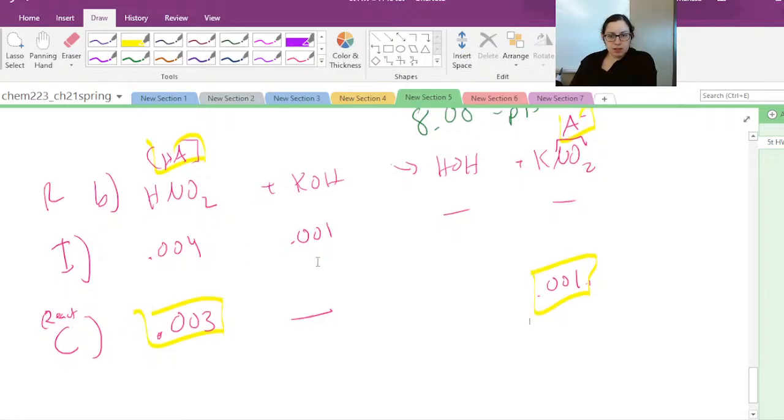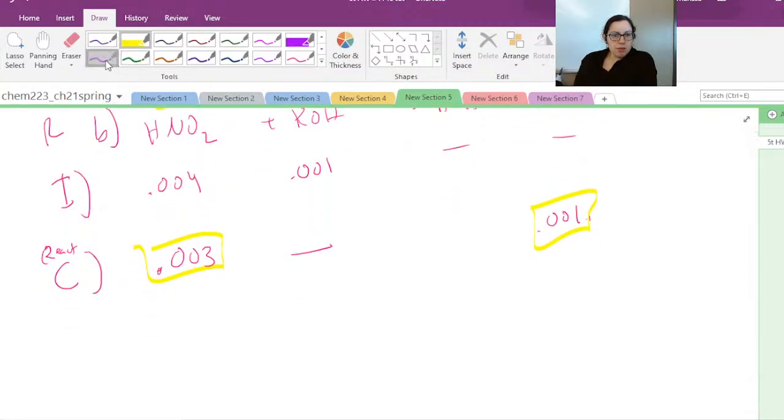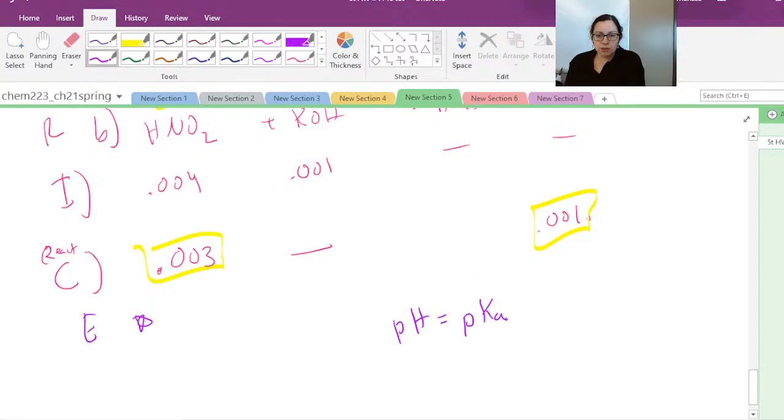And so then, just kind of thinking about where we're going and what we need to consider. And so, I don't want us to forget about the volume, but at the same time, if you're thinking ahead to the Henderson-Hasselbalch equation, so pH equals pKa plus log of base over acid, we're going to find our new moles, or molarity, right?